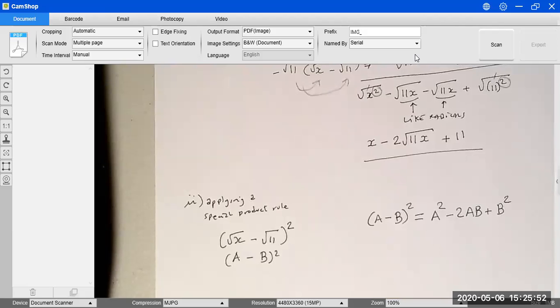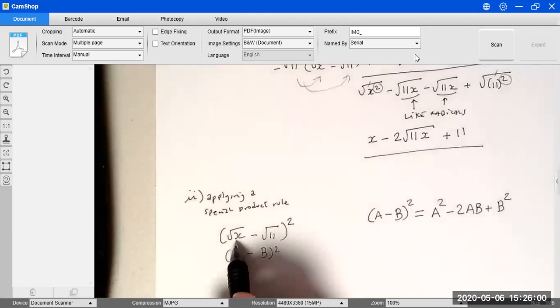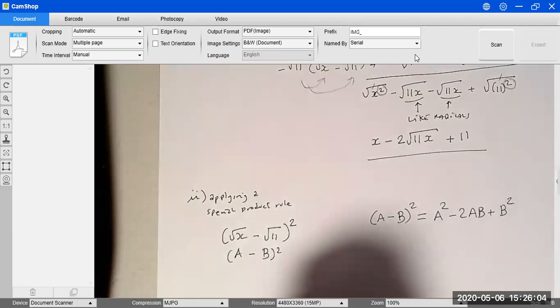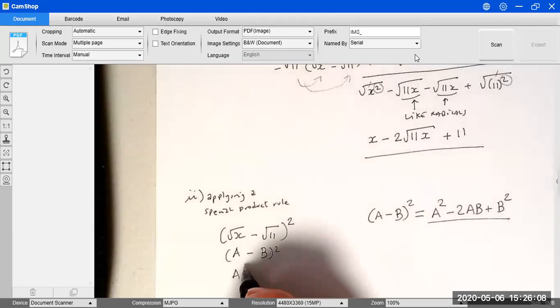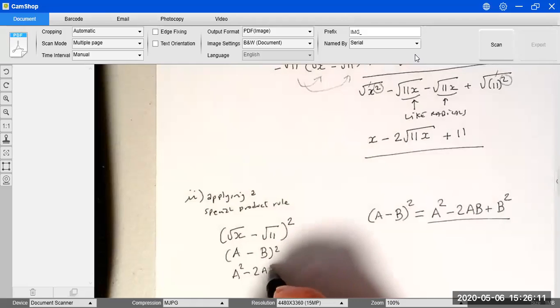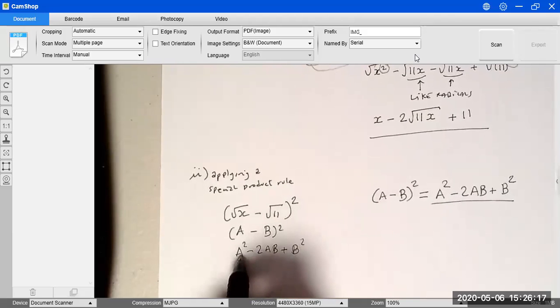It would be very good that you have your formula sheet at hand, because you might need it from now on. So what is a? A is the square root of x. So I'm going to square that. I'm going to write this expression here just to visualize better what we're going to do now. So a squared, what is a?